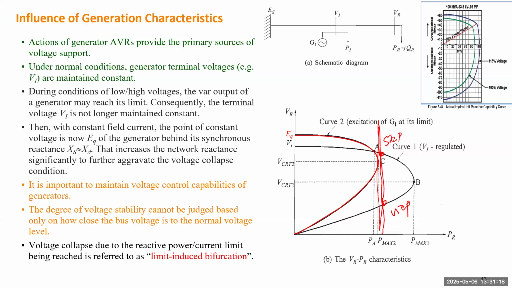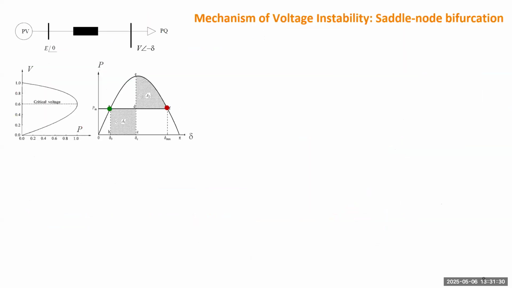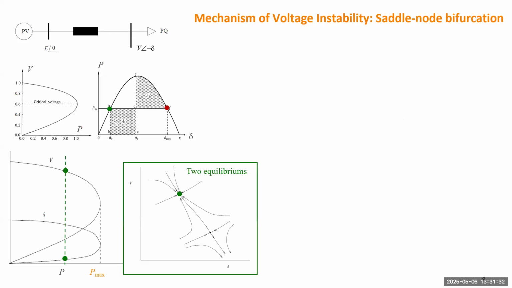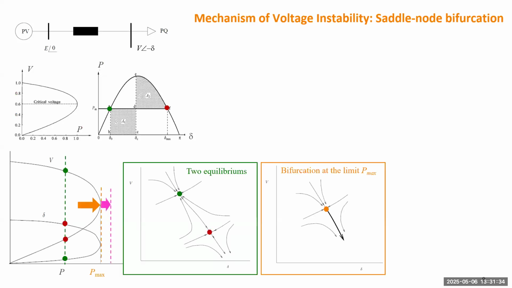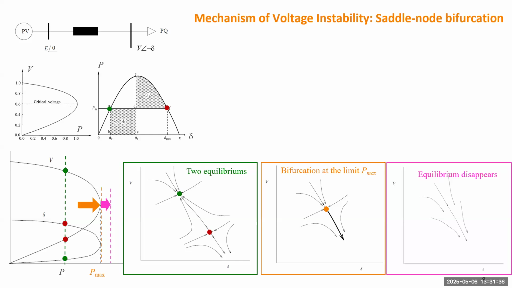But when it switches to the new PV curve, suddenly the stable equilibrium point disappears. So that's similar to the saddle node bifurcation. But for saddle node bifurcation, such changes happen continuously, right? But in this case, it can suddenly jump to a condition without this transition.